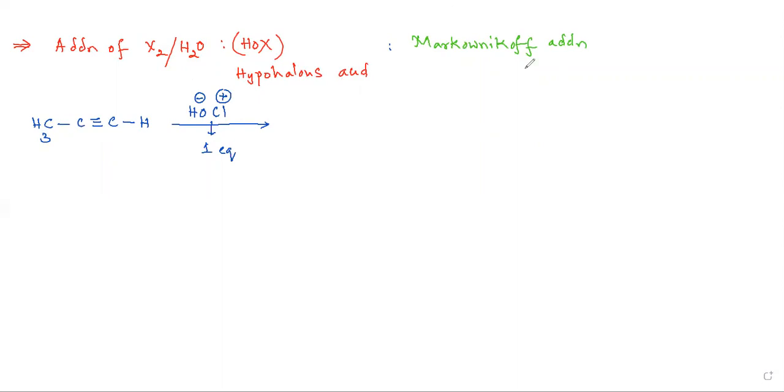Then we get CH3C, here OH gets added, then double bond CH, Cl. Add one more equivalent of HOCl in the same manner.